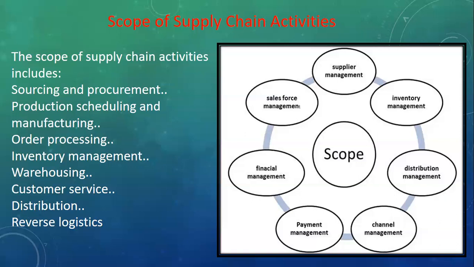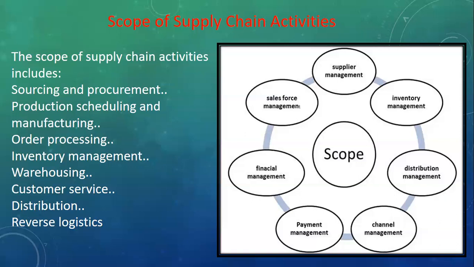Now inventory management. Inventory management is a very important part of supply chain management. Inventory management will help to stabilize the demand and supply and manage the cost. The fluctuation in demand will be managed and stabilized by inventory management.